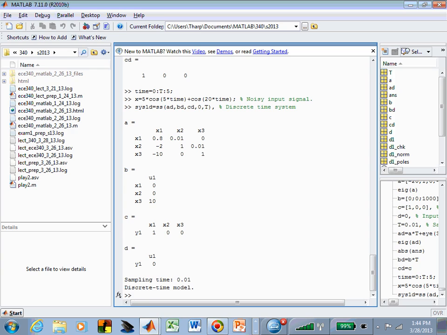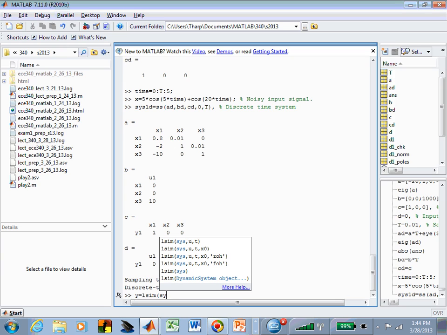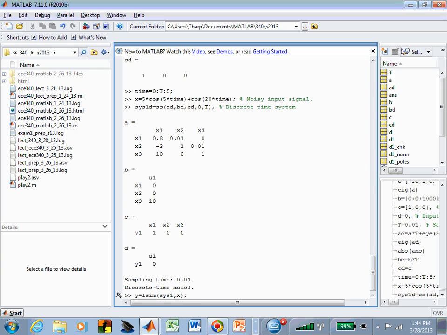And there it is. Now what I want to do is simulate this. And again, MATLAB's smart. It knows what system 1 is. It knows it's a discrete time system. And I'm putting in an input X. And Y is now my filtered output waveform.